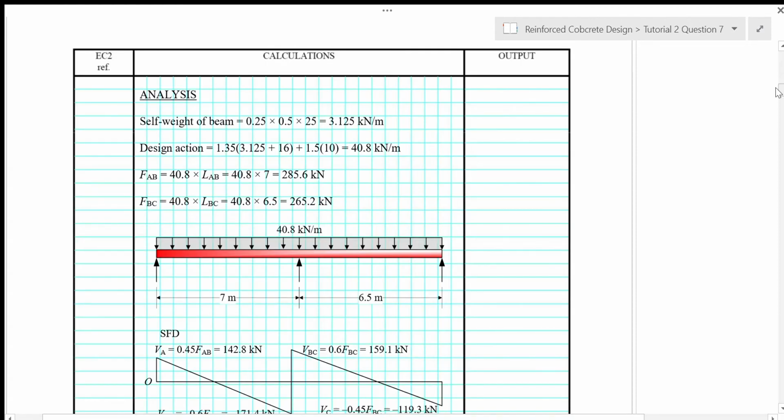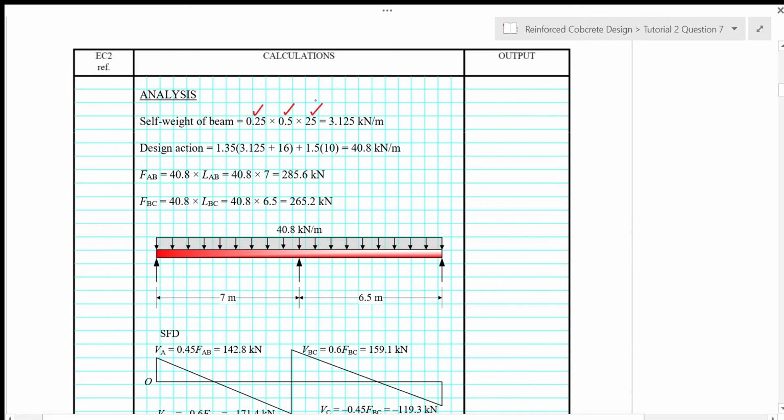The first step in design is the analysis. In this example, we have beam cross section of 250 mm by 500 mm. The self-weight of the beam in terms of load per unit length is width multiplied by height of beam multiplied by the unit weight of concrete.